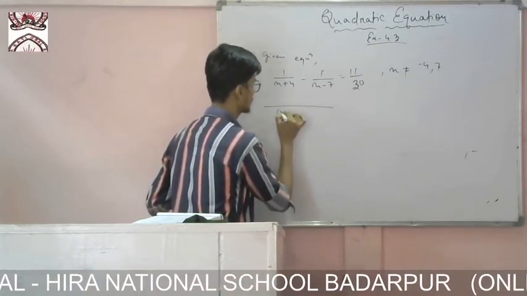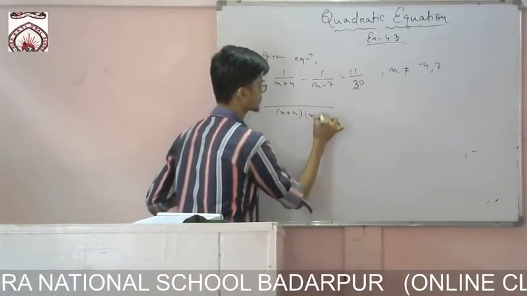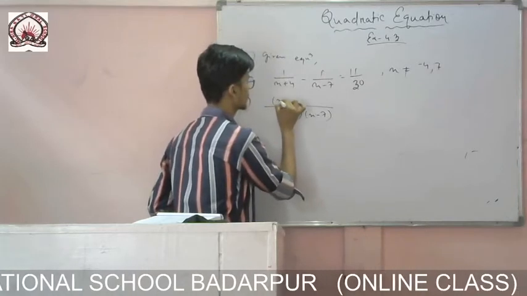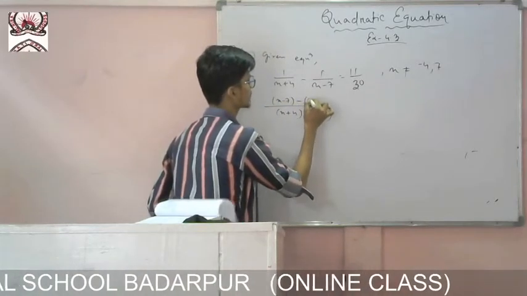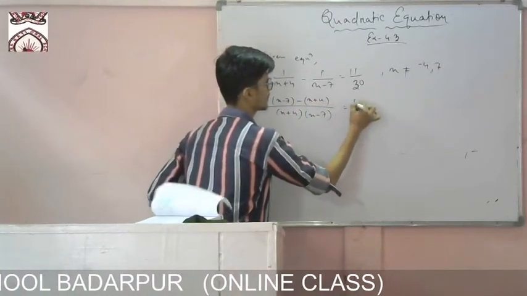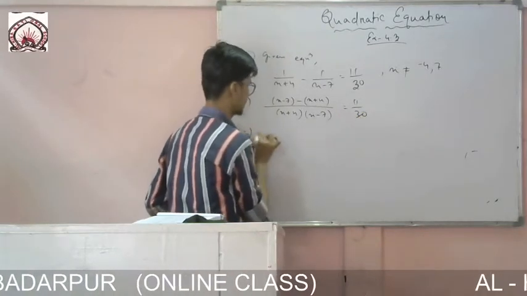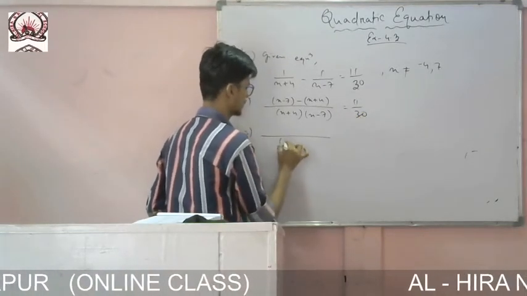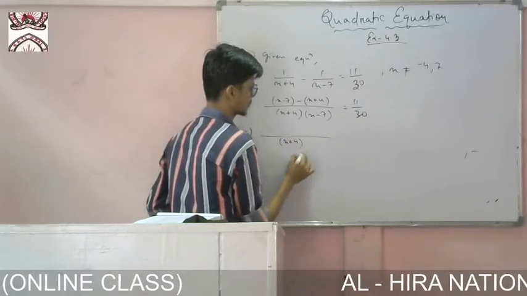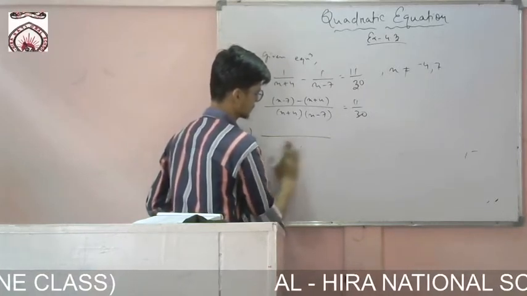So taking the LCM, it will be x plus 4 times x minus 7, and above it x minus 7 minus x plus 4 equals 11 by 30. Let me break it.